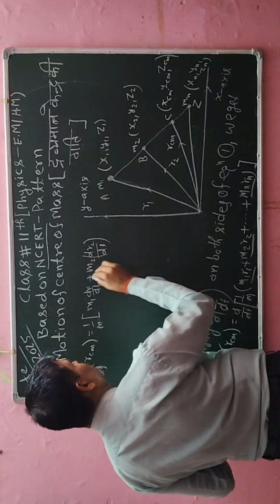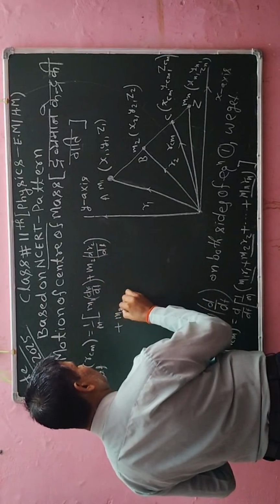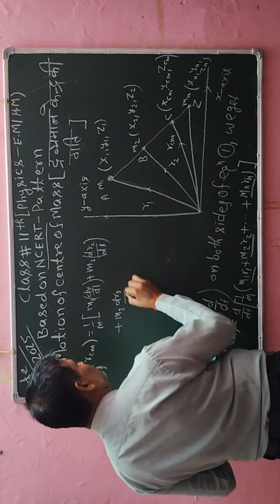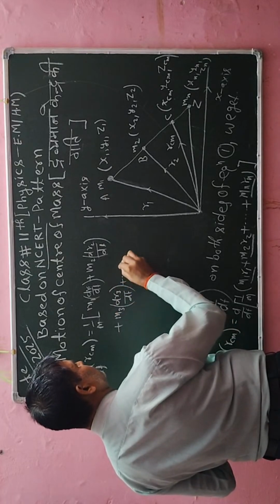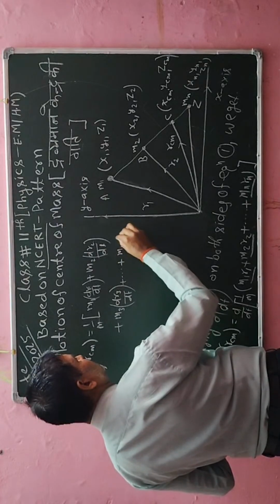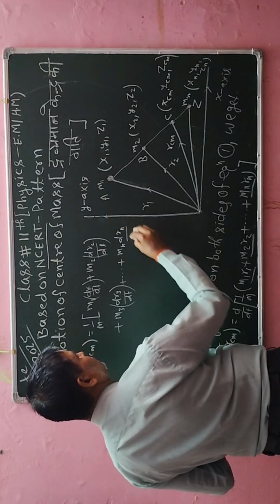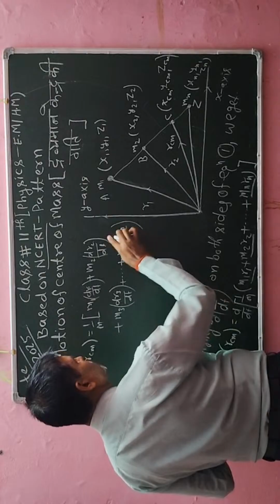So I have to write all these values and then m3 dr3 divided by dt. Here I will write plus and so on. So last term I will write mn drn divided by dt. Okay, positively I have to write it.